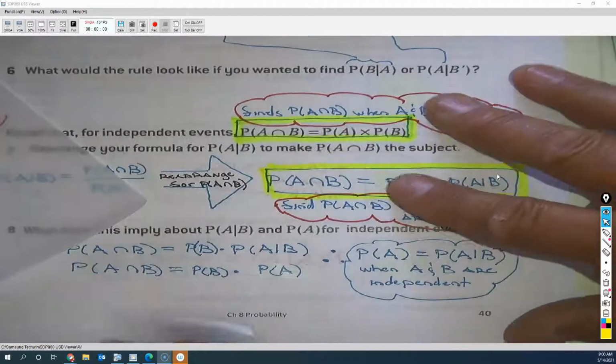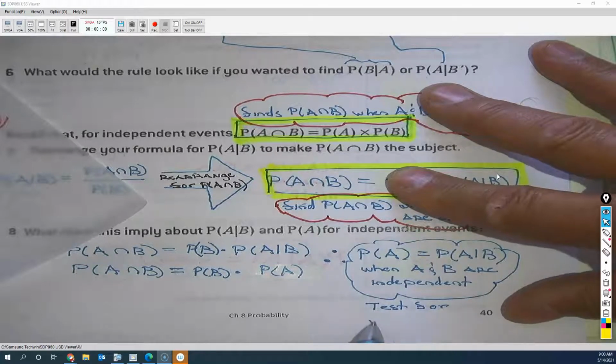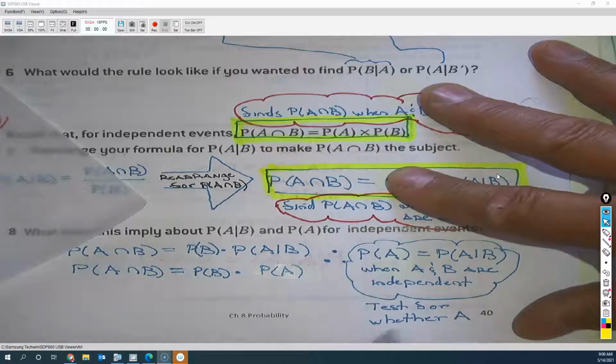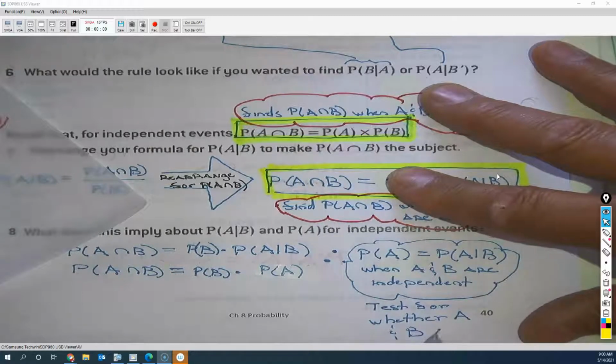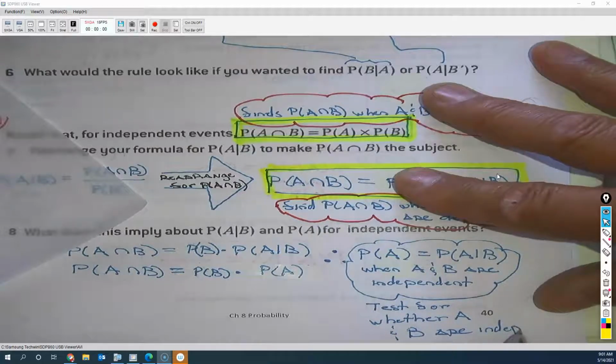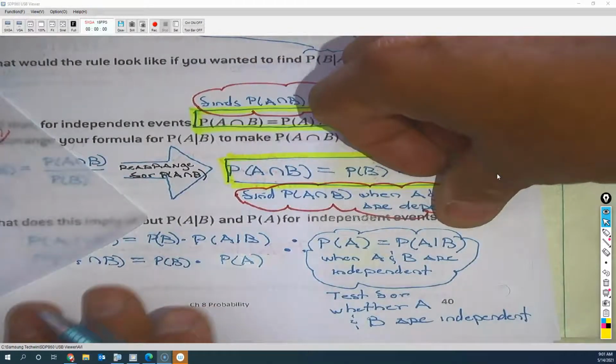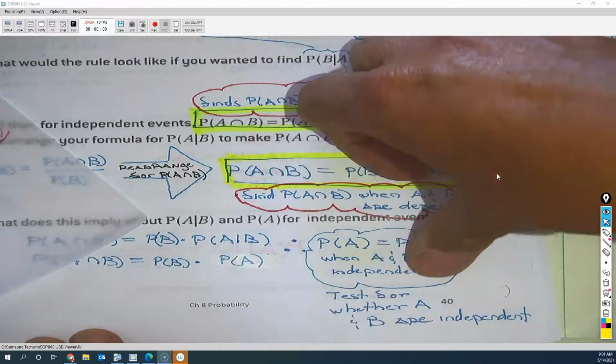This is one way of testing. If these two things are equal, you can say that the two events are independent of each other.